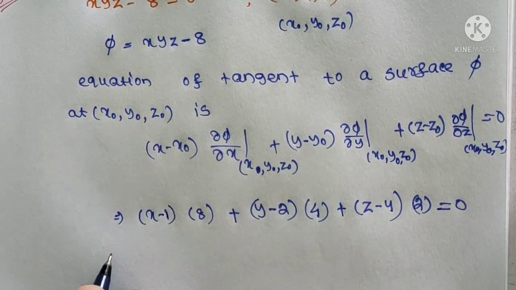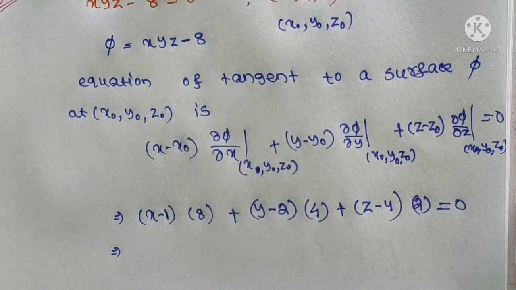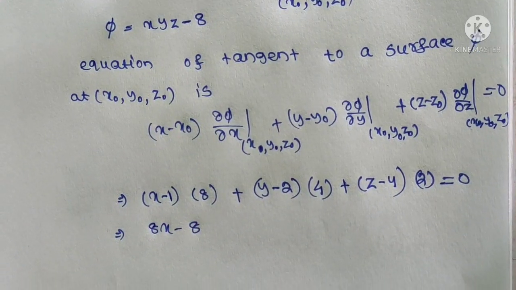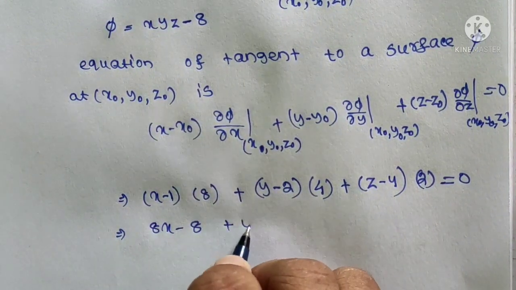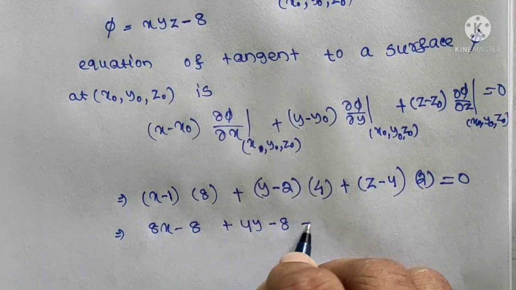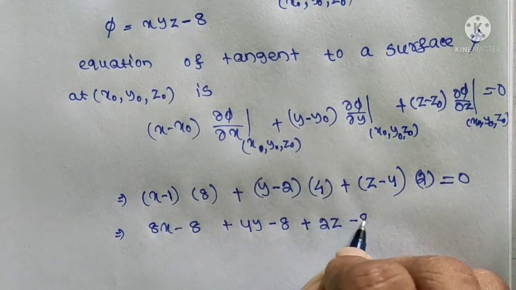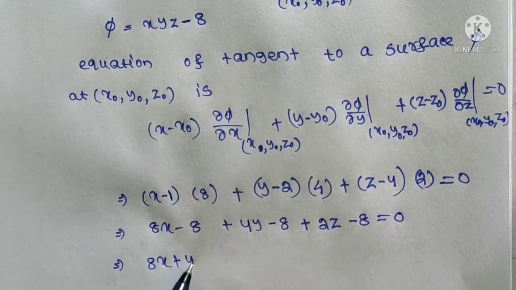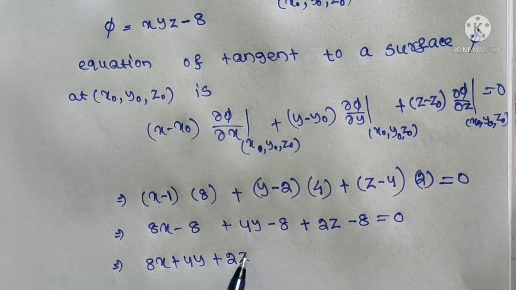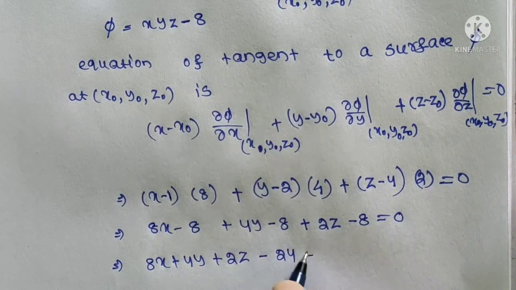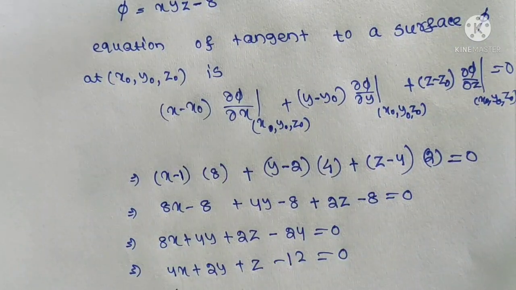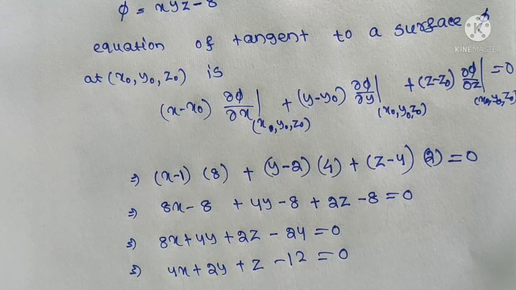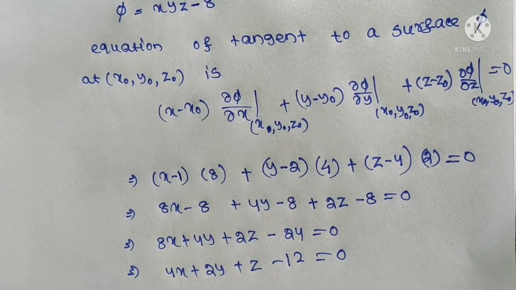Now 8x minus 8 plus 4y minus 8 plus 2z minus 8 equals 0. So it is 8x plus 4y plus 2z minus 24 equals 0, or 4x plus 2y plus z minus 12 equals 0. So your correct option is option B.